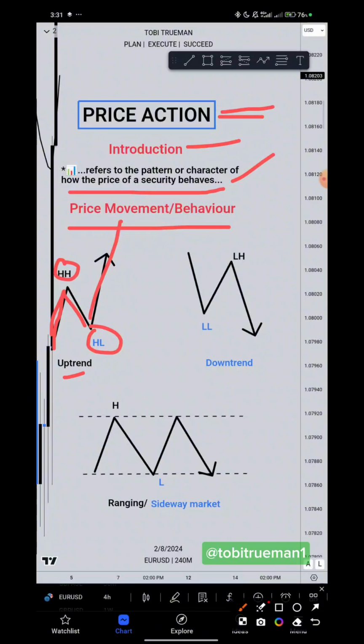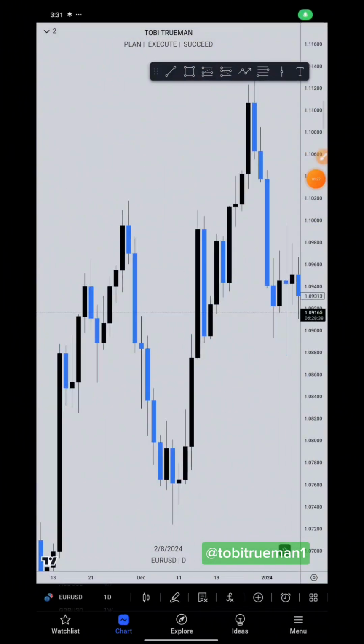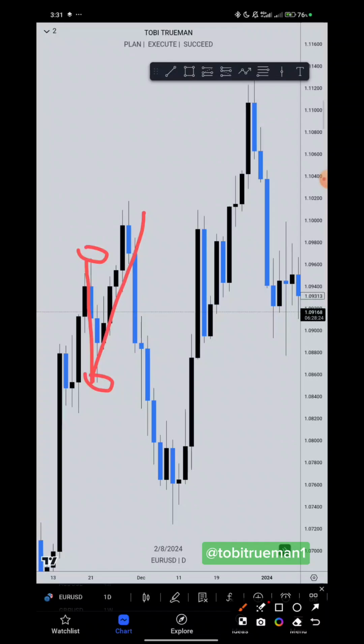Now let me show you an example. Looking at this chart, from my left-hand side, you can see what is happening here. This is the high point, this is the low point. Candlesticks are just forming different types of candlestick. Then we have this pullback, we have this one, this is the higher high. Then we have this one, this is the higher low.